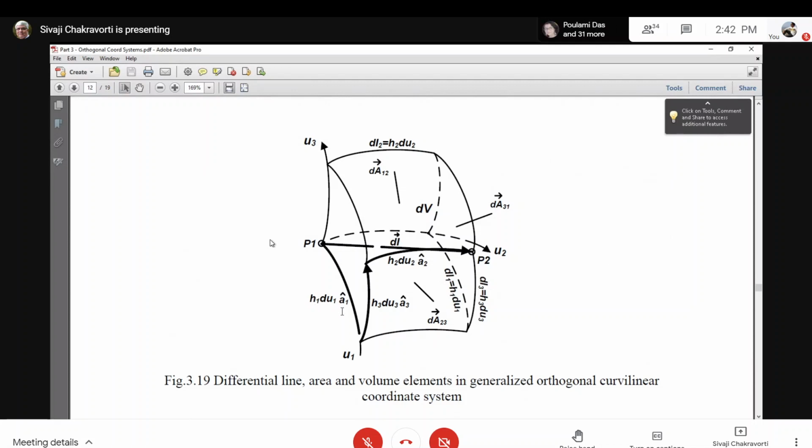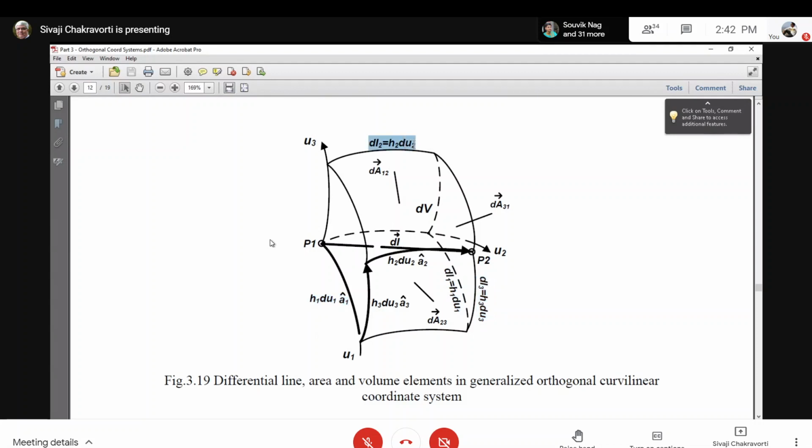First, there will be one component in the direction of u1, shown here as dl1. This is related to the incremental change in coordinate, du1, by the factor h1, which we defined earlier in our last class as the metric coefficient in the coordinate one direction.